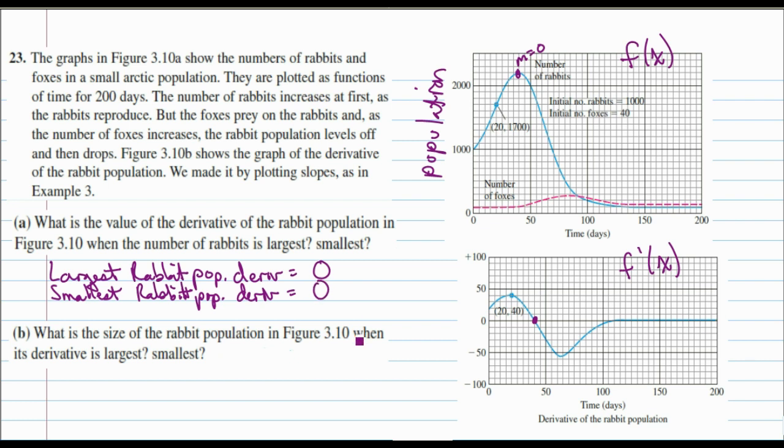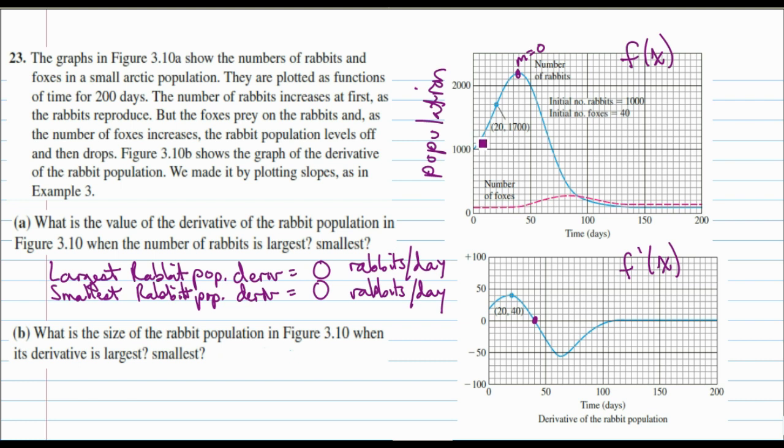What are these values being measured in? Well, slope is the change in y values divided by change in x values. So the change in y values would be the number of rabbits, and the change in x values would be days. So the answers would be 0 rabbits per day and 0 rabbits per day.